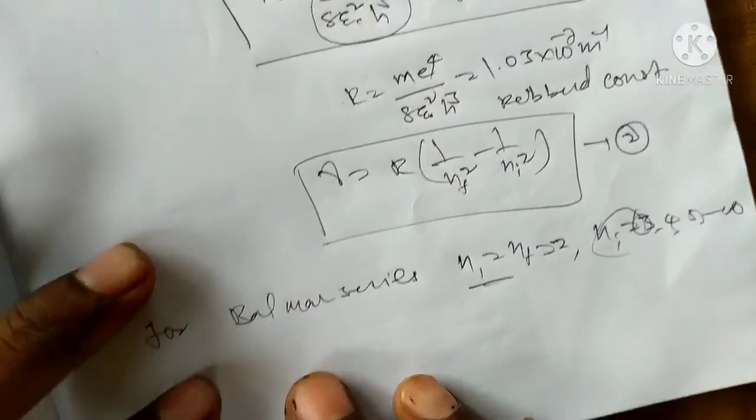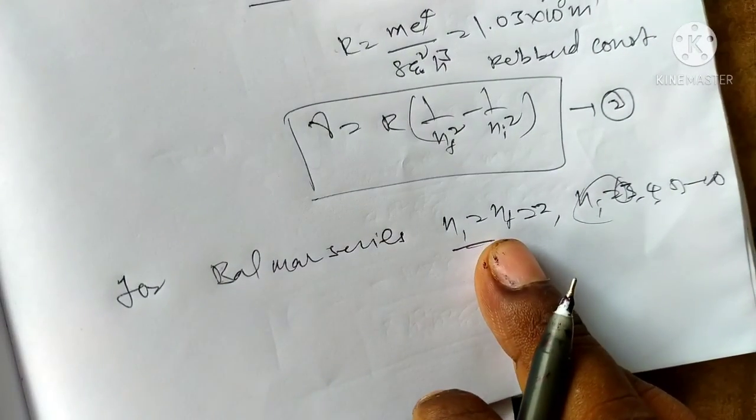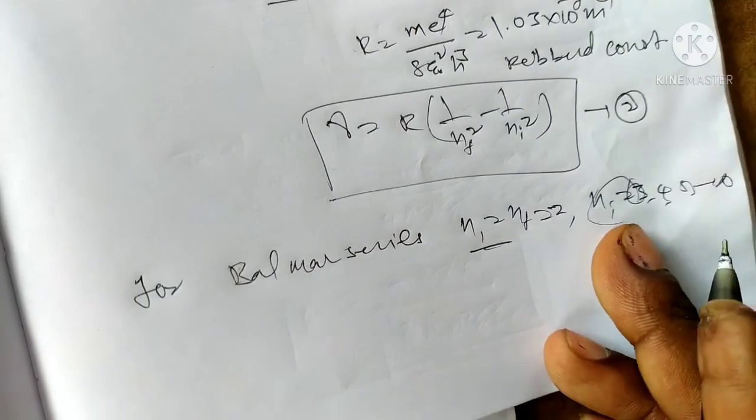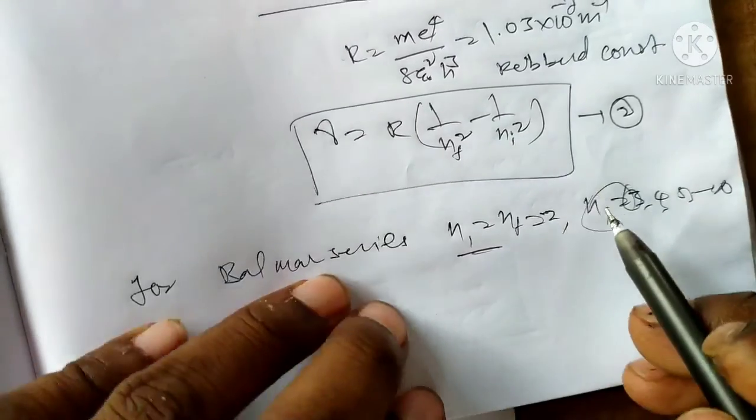So here in the Balmer series, the nf final value is 2. We can change the ni values. This is just a constant.